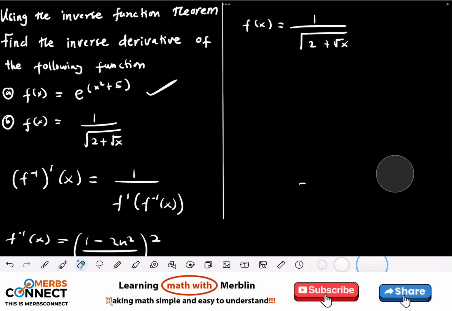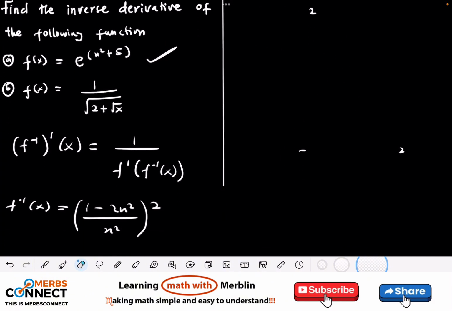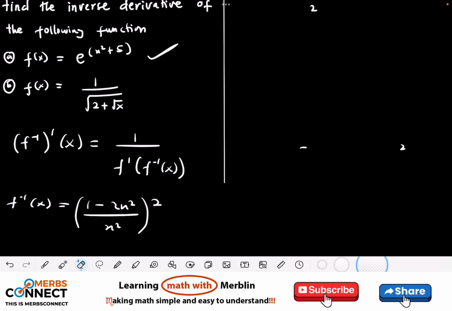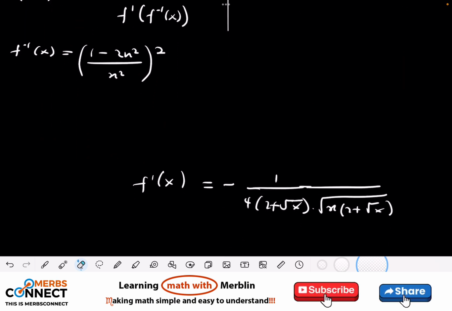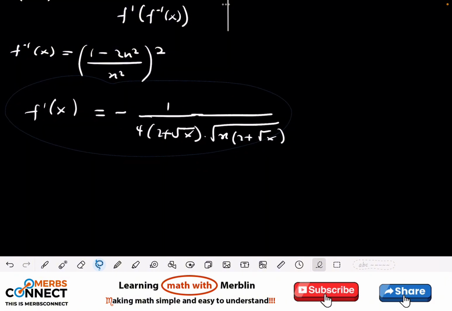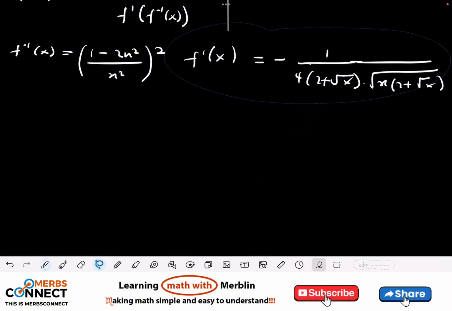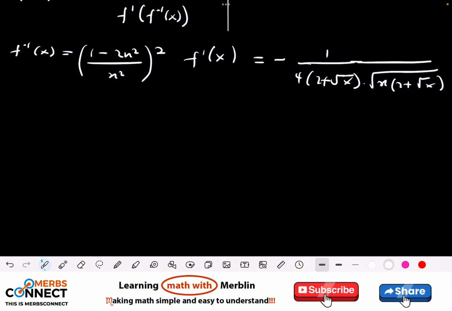So now let's look at the next step. The next step is for us to plug in f inverse into f prime. Yes, right here. So we want to plug this one inside this. So let me shift this one on the top here, small somewhere here, and let's look for f prime of f inverse of x.